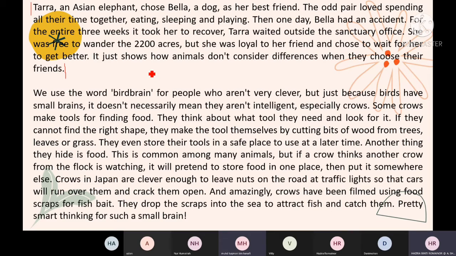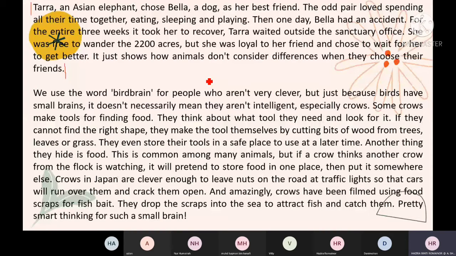Bella had an accident. Which one? Hold on. No, gerund is a verb that becomes a noun when you put ing.